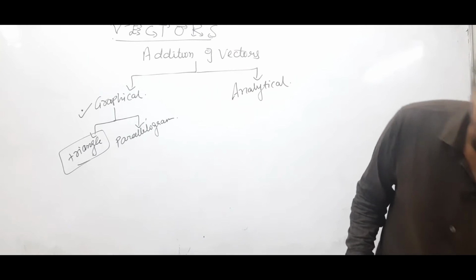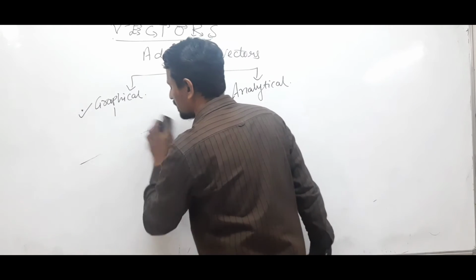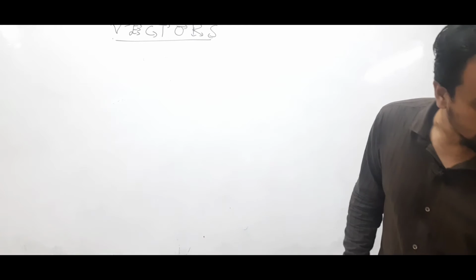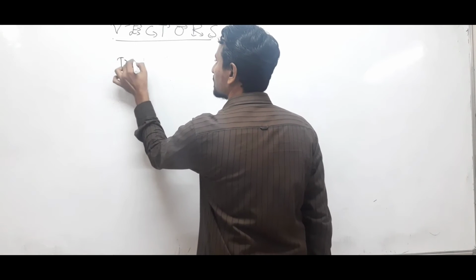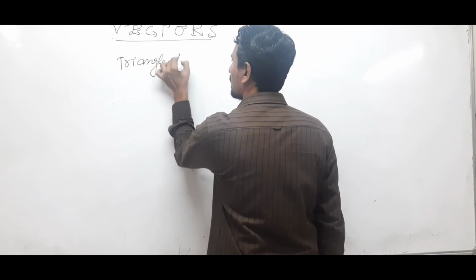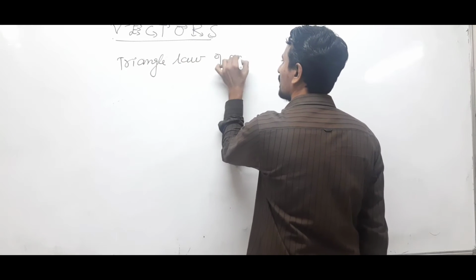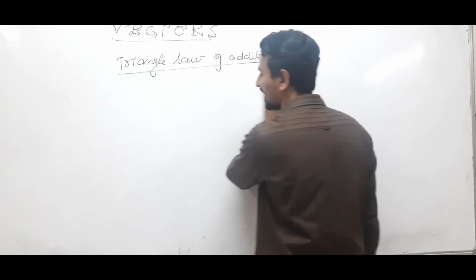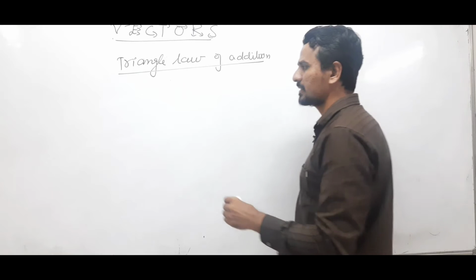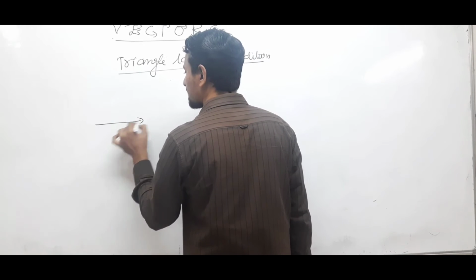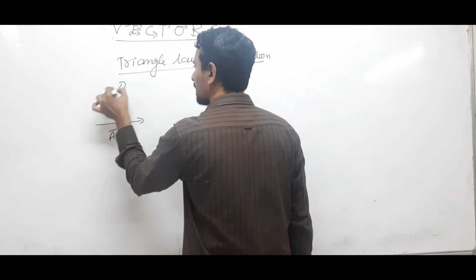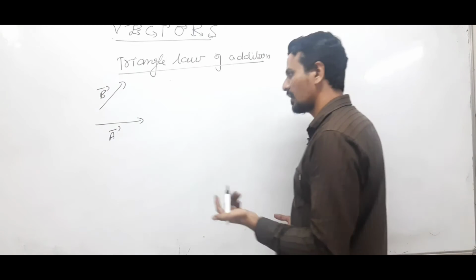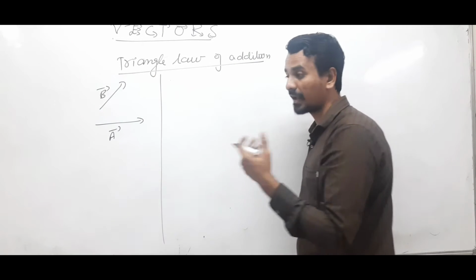Clear? See. Triangle law of addition. Let us suppose two non-zero vectors, vector A and vector B. You can draw two vectors in any direction, and in a question also two vectors can be given in any direction.